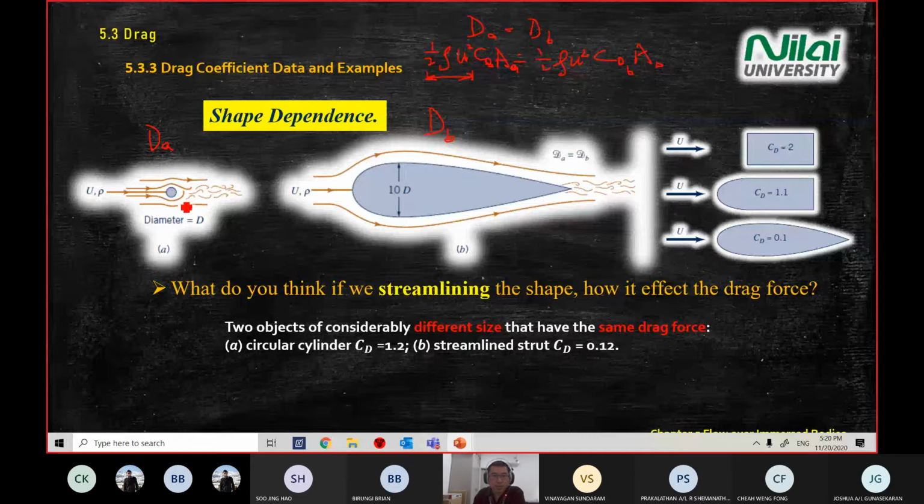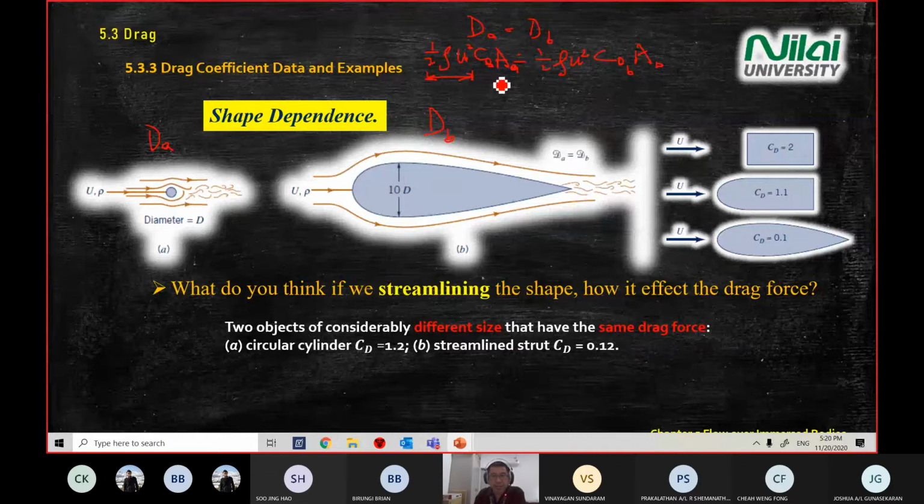So it's always logic to have the cylinder on the left, the value of CD is higher than the CD on the right here.